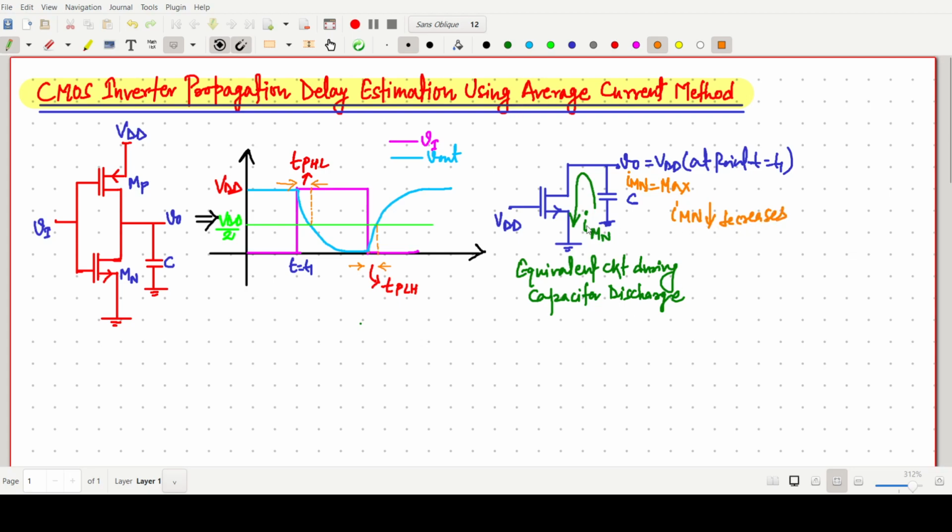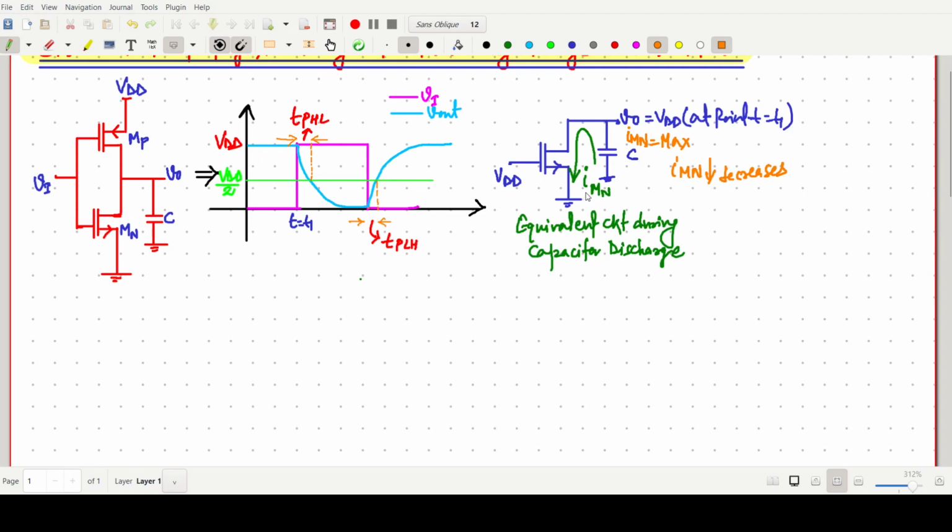How? We can easily identify that by drawing the curve of IMN. Suppose we draw the IV characteristics, or in general the drain current versus VDS curve, ID versus VDS.